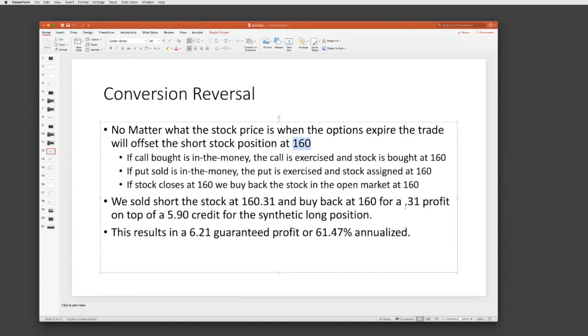We're collecting 31 cents difference between the short and the long price, and on top of that, we're getting a credit of $5.90 because of the imbalance in the time value of the options between the put and the call. So this one gives us a huge annualized return. Humongous.